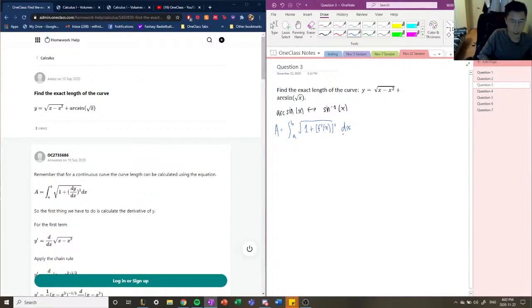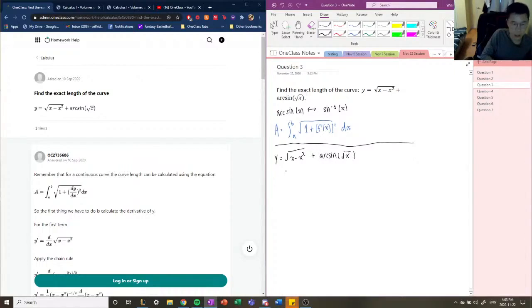Okay. So first of all, we're going to need to find y prime. All right. So let's try to find y prime. The strategy here is to treat these as separate functions first, and just derive this function and this function. So y equals the root of x minus x squared plus the arcsine of root x.